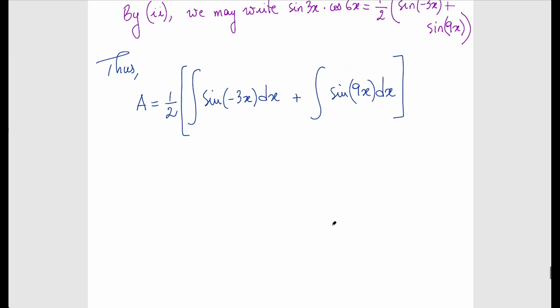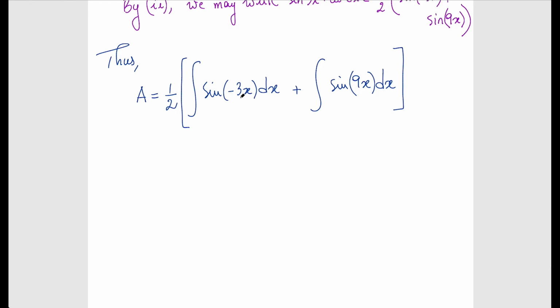Correct? And what's the primitive of sine alpha x dx? Let's do this on the side. What is primitive of sine alpha x dx?